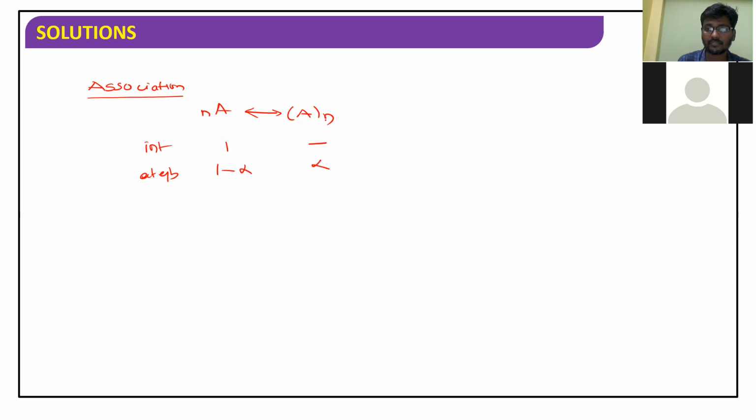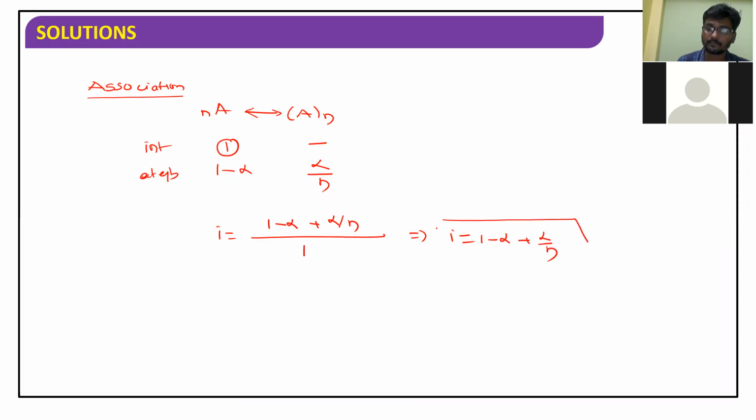If 3 particles are associated, trimerization, alpha by 3. But it is polymerization, so that's why I'm writing alpha by n. We know i is the number of particles after association by before association. Before association 1, after association 1 minus alpha plus alpha by n. So i is equal to 1 minus alpha plus alpha by n. Just remember this one.